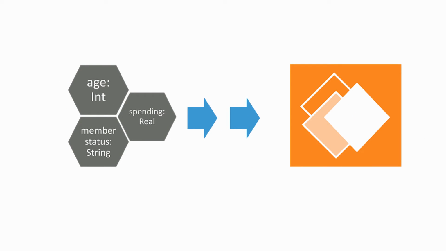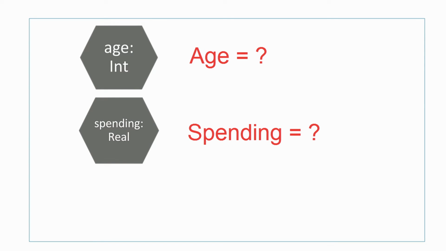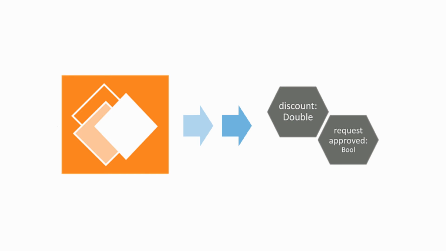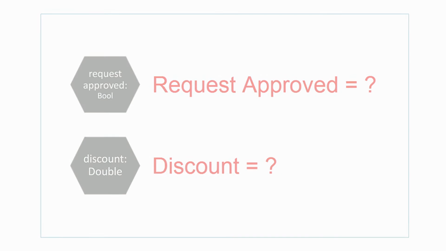Input data objects define what conditions will be used as the basis for a decision. For example, the age of an applicant, the total annual spending of a customer, or a membership status. Output data objects define what actions will be taken based on the decision. For example, a loan application may be approved or denied, or a certain discount will be issued.